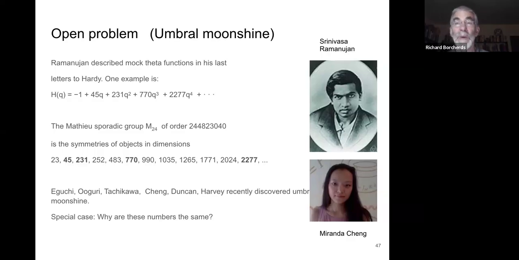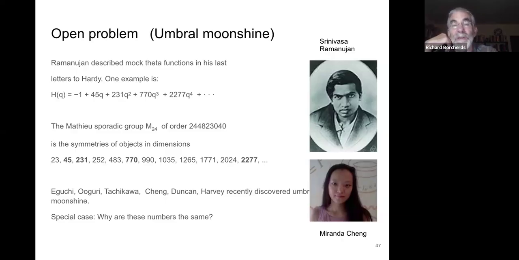He said he went to sleep and in his dreams, an Indian goddess showed him these identities, which doesn't really help everybody else in understanding them. And one of the identities he discovered involved things called mock theta functions. One of his mock theta functions looks like this.